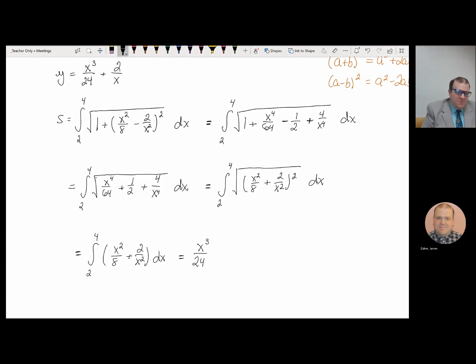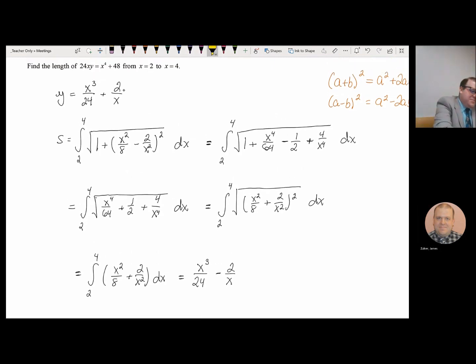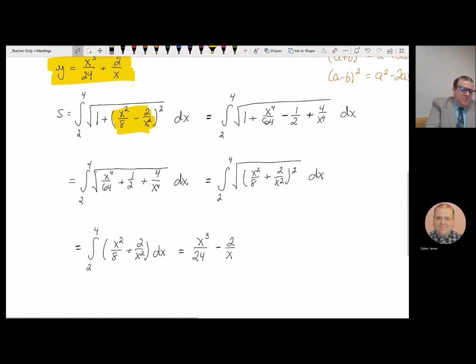What is it? Minus 2 over x. By the way, you could have made it easier. The derivative of x cubed over 24 plus 2 over x was x squared over 8 minus 2 over x squared. Power rule. Add 1 to the power and then divide by that power.